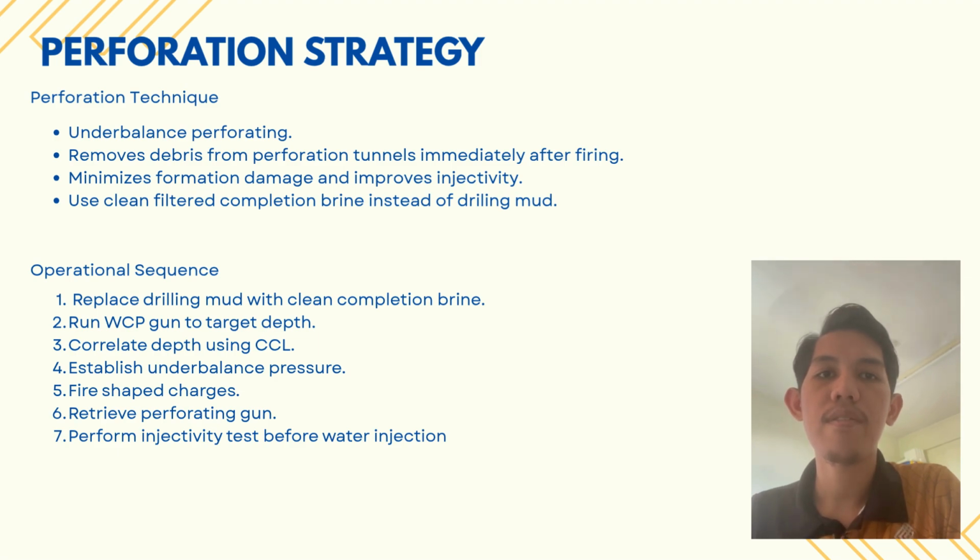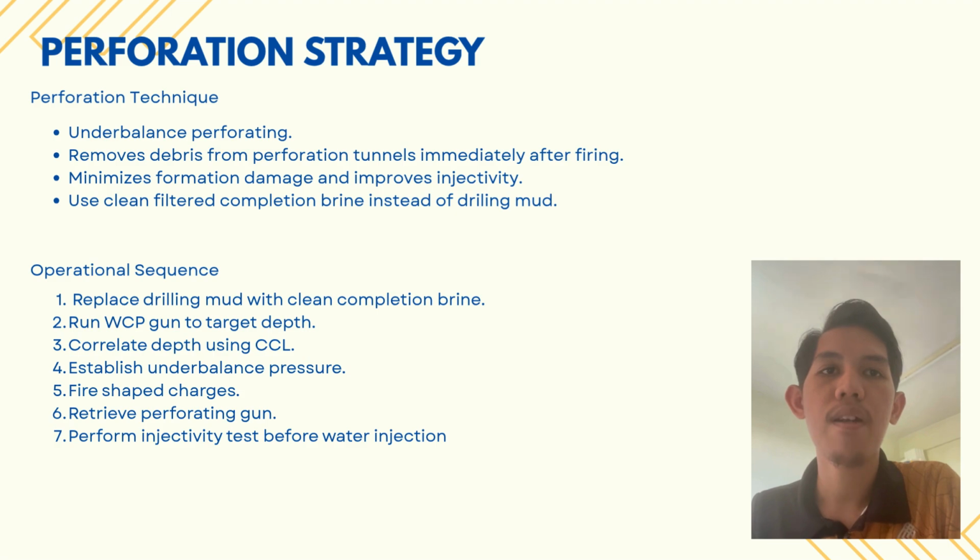To further reduce formation damage, the perforating operation will be carried out using clean filtered completion brine instead of drilling mud. This operational sequence begins by replacing the drilling mud with completion brine, followed by running the wireline perforating gun to the target depth.